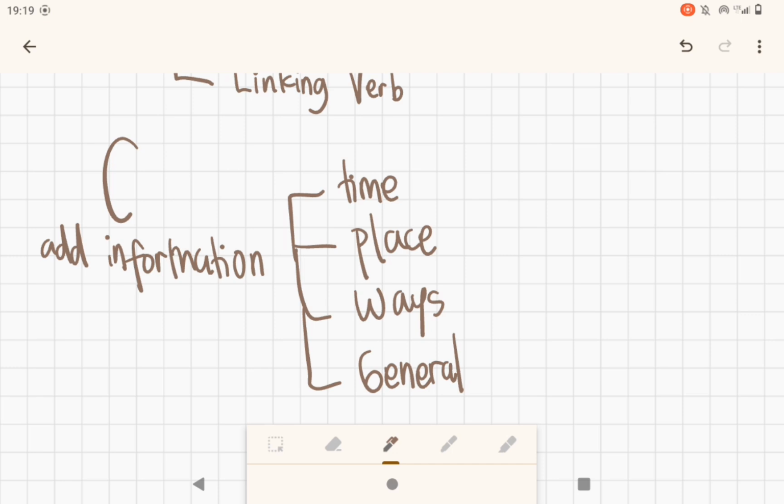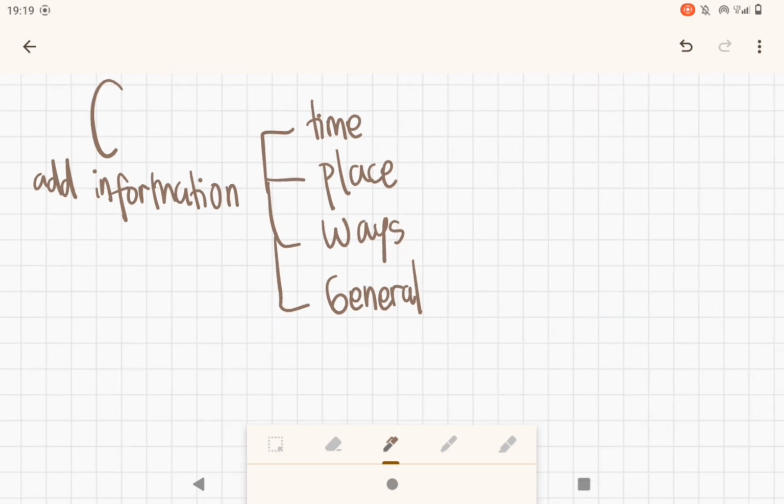For example, it could be an adjective, or it could be a noun in some cases. Yeah, that is a complement.